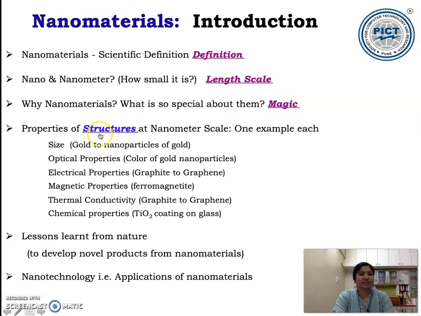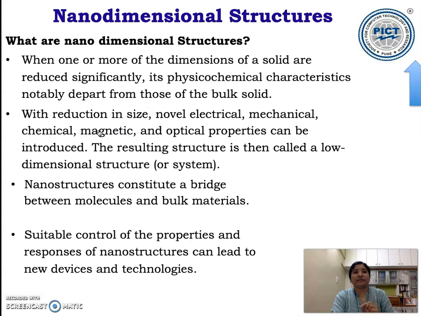So when we say nanomaterials, let's first see what nano dimensional structures are. When one or more dimensions of a solid or a material are reduced significantly, its physicochemical properties will totally change, departing from those of the bulk solid.